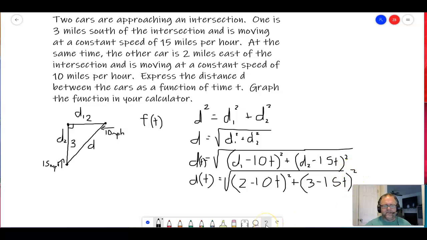So we get this crazy number here, and what we're going to end up having to do is multiply all of this out. So this is a binomial squared, and this is a binomial squared.